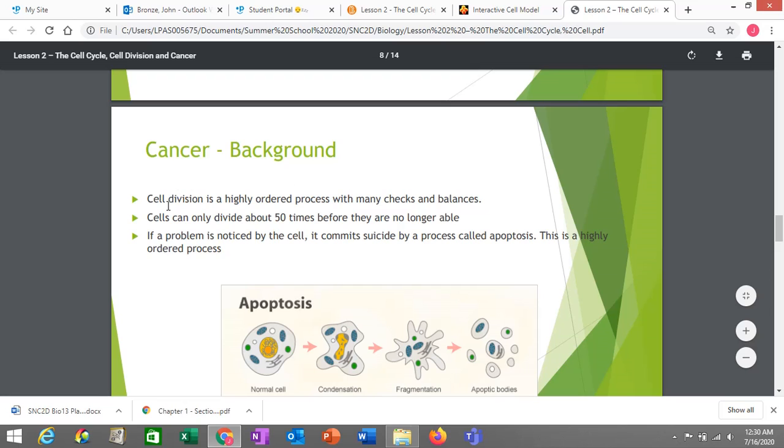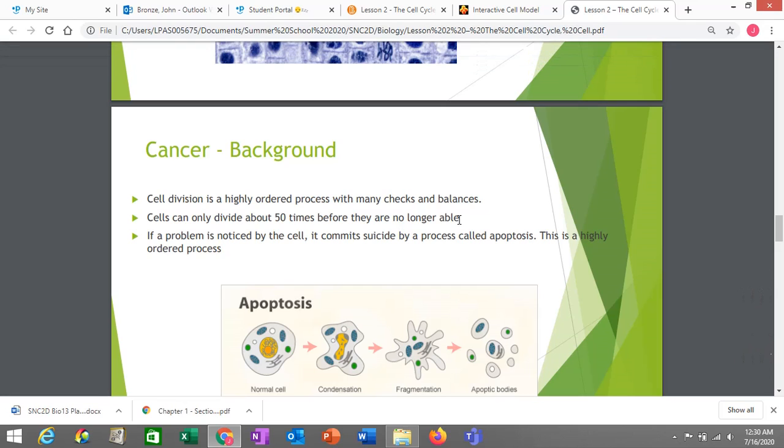In fact, cells can generally only divide about 50 times before they're no longer able to. There's a reason for that we're not going to be able to get into, but it's thought that part of the reason might be to prevent cancers from happening. So there's a limit. You can divide about 50 times, and that's it.